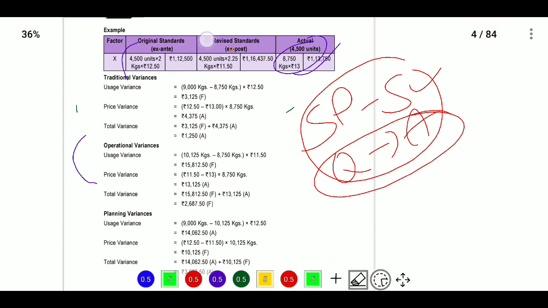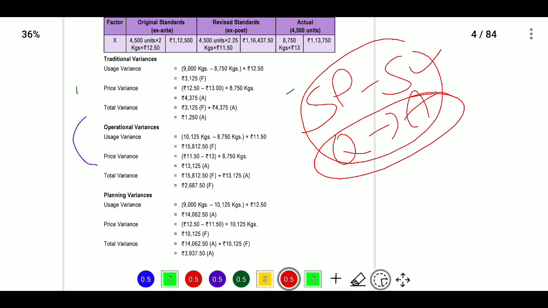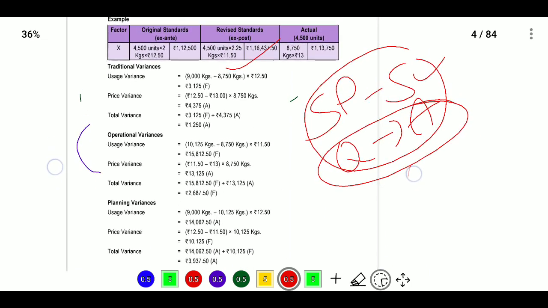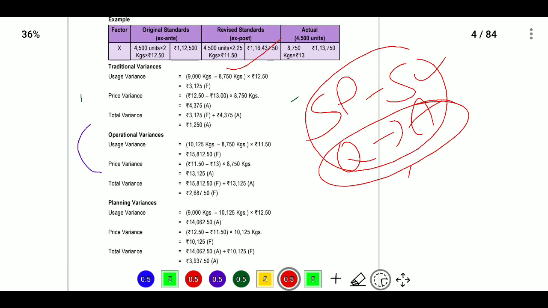We calculate it the same way. For planning variance, usage variance means quantity difference, 4500 into 2 is 9000 and 4500 into 2.25, and the price we take is always the standard price, 12.5.